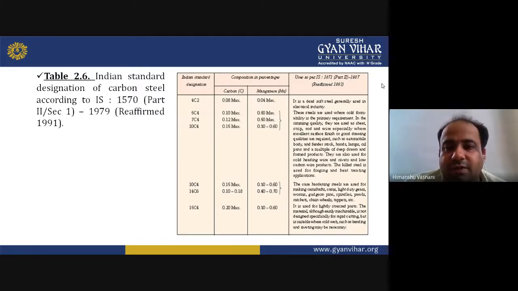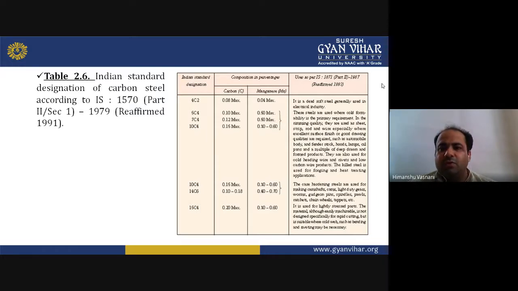Then you have the designations like 5C4, 7C4 and 10C4. They have carbon content like 0.10 in 5C4, 0.12 maximum in 7C4, and 0.15 maximum in 10C4. And you can see the applications of these three standards in the industry.